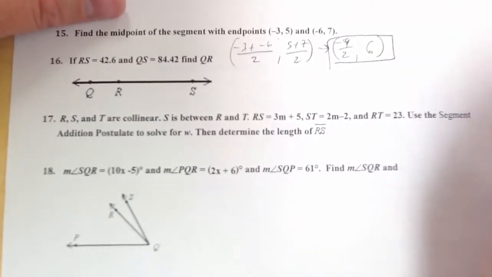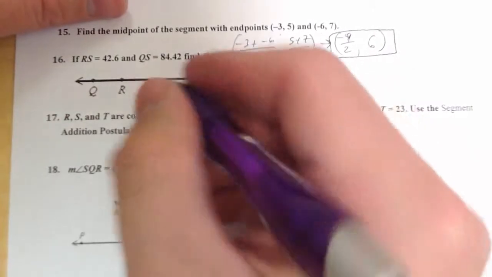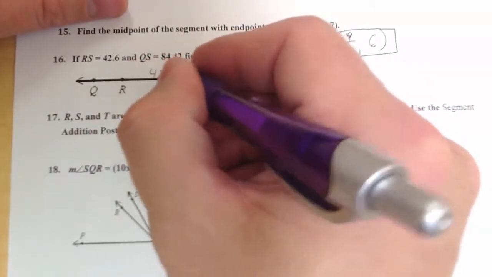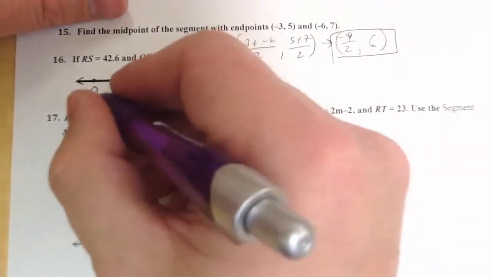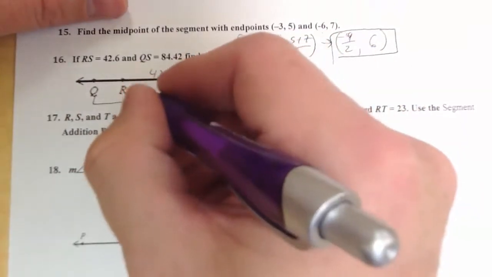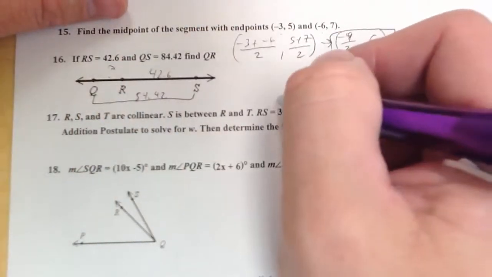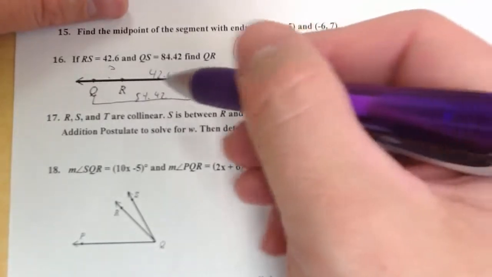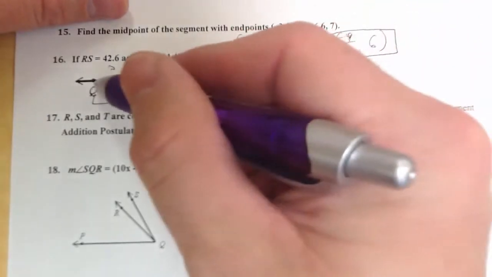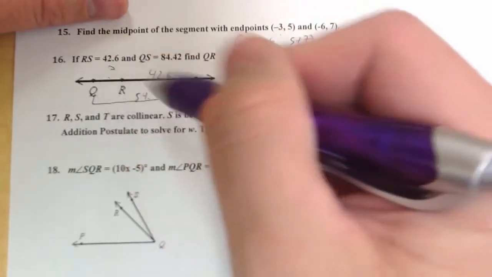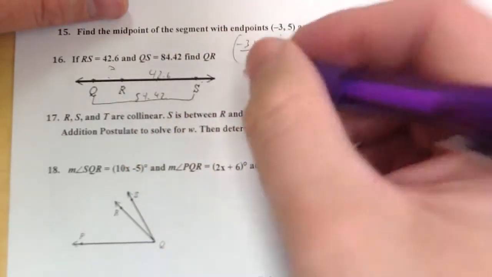Question 16. If RS is 42.6 and QS is 84.42, find this section right here. Well, the segment addition postulate says that this segment plus this segment equals the whole thing. So if you're given two pieces here, in this case, we can subtract them.